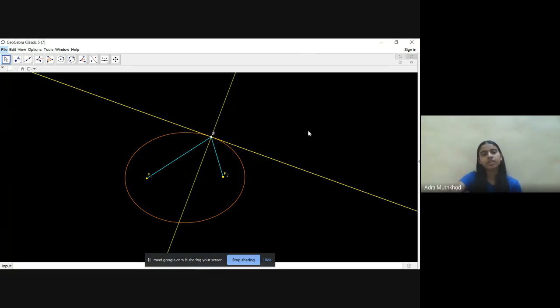Here, the theorem is that a tangent to the ellipse at any point externally bisects the angle between PF1 and PF2.